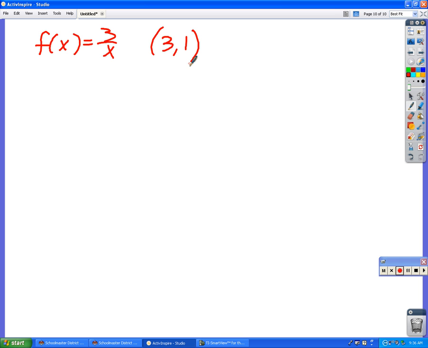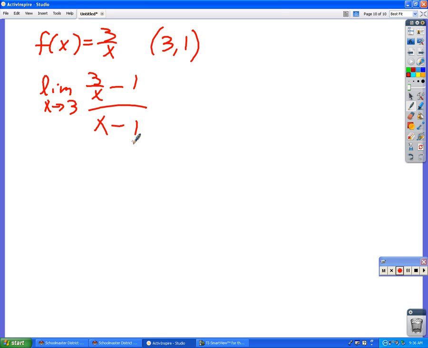Okay, so let's do the other one where we said the limit as x approaches a. Well, what's a in this case? 3. So the limit as x approaches 3 of f of x, which is 3 over x, minus f of a, which is 1, all over x minus a, which would be x minus 3. Okay?